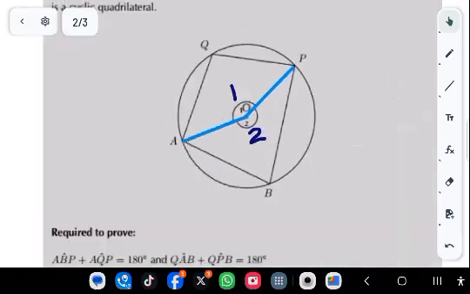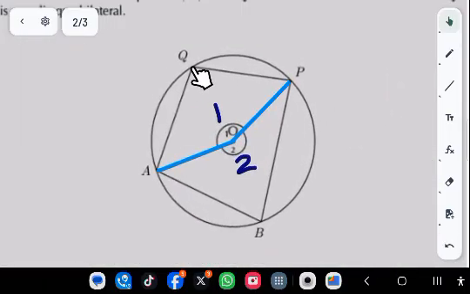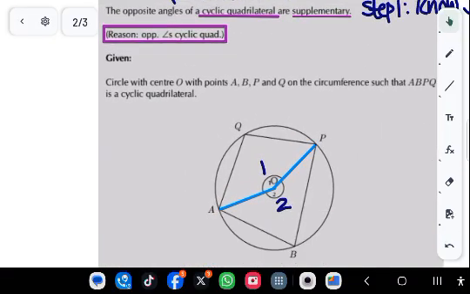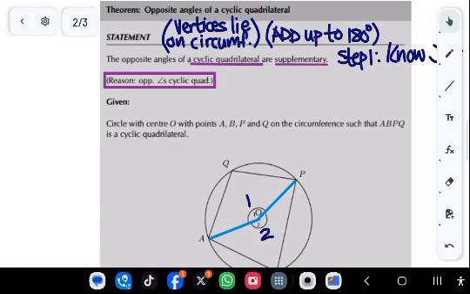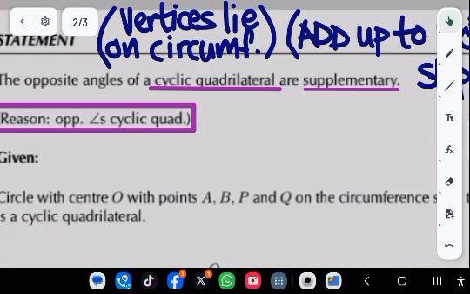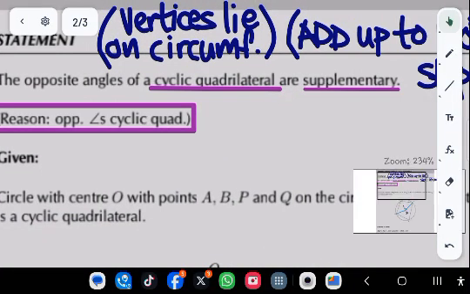In other words, for example, this is vertex 1, vertex 2, vertex number 3, vertex number 4. So all of these vertices are on the circumference of the circle. Remember the circumference is the edge of the circle. If that is not the case, then it is not a cyclic quadrilateral. And I'm going to show you examples of more cyclic quadrilaterals.